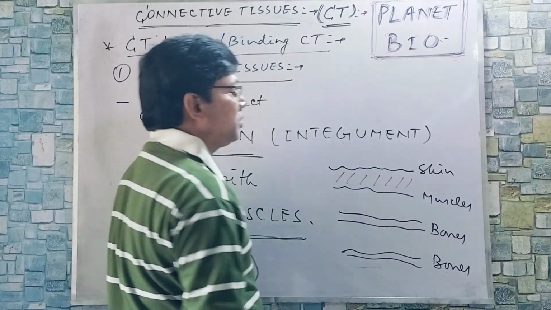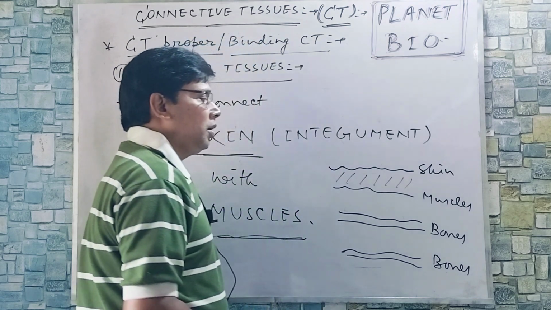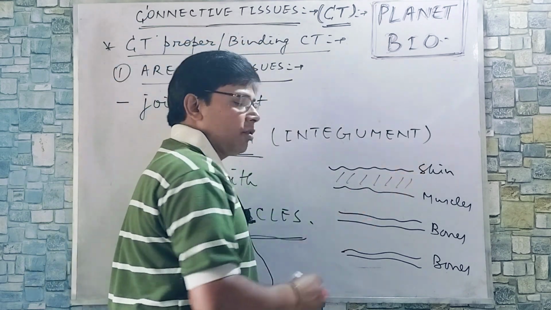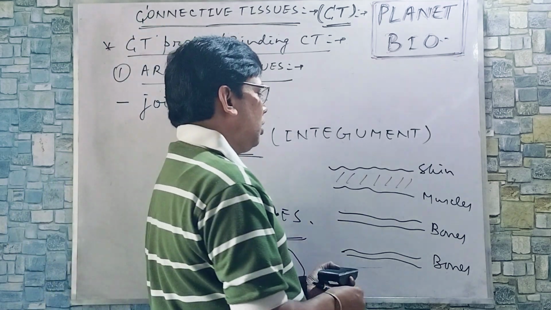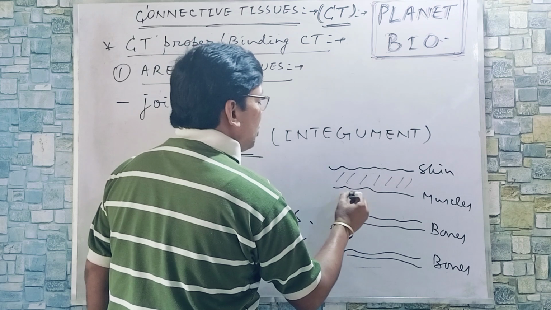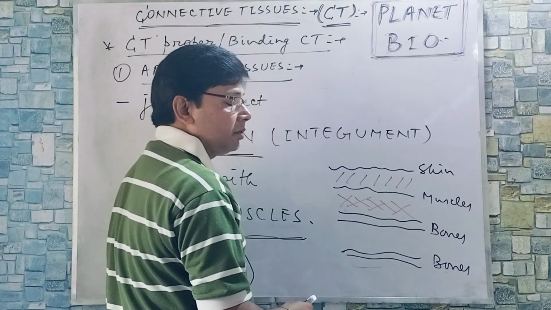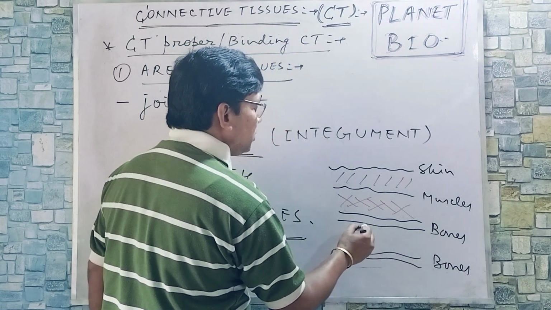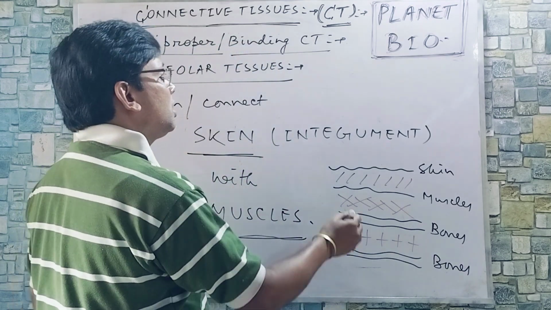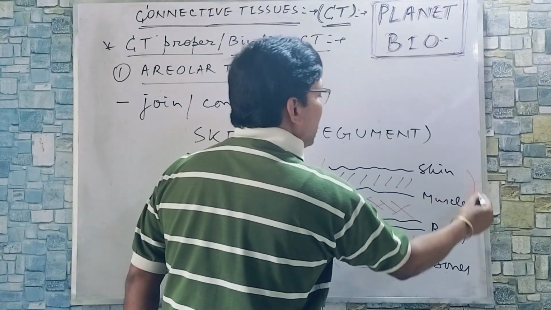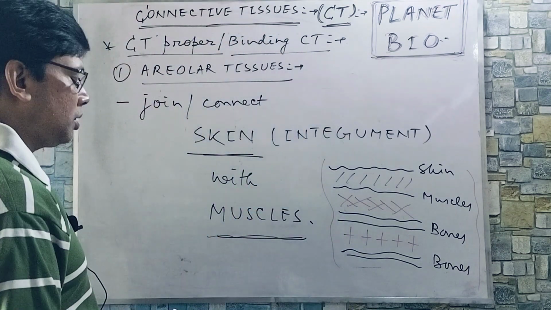This is areolar tissue joining skin with muscles, or integument with muscles. Some adipose cells are also there. Next one. Muscles and bones are joined with tendons. Bones and bones are joined by ligaments. So this is how our body has arranged layers of connective tissues.